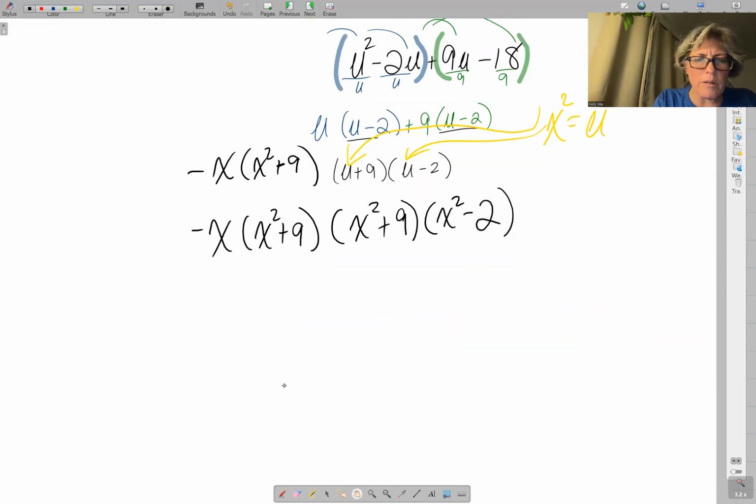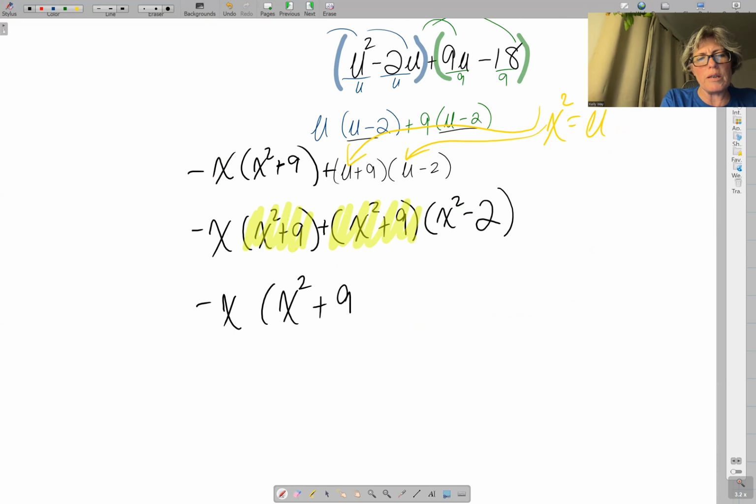Yes, there's a plus sign right there, plus sign right there. Okay, so out of all these terms, I'm going to pull out that common term. So I have negative x squared plus 9 now times x squared minus 2.